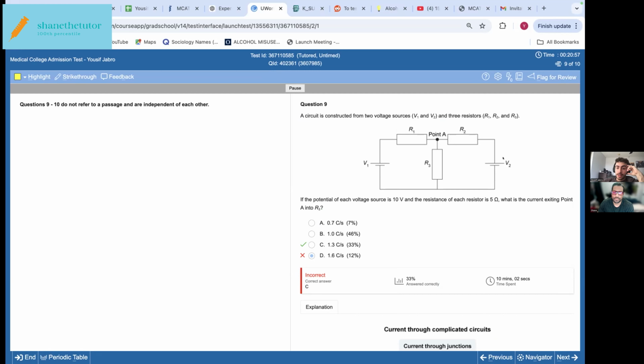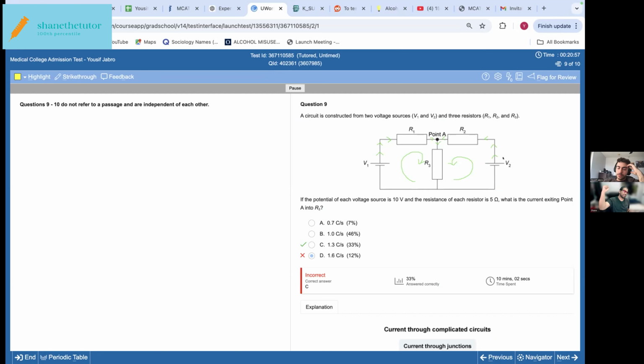So they seem to come from voltage one, electricity comes from that and goes through resistor one.